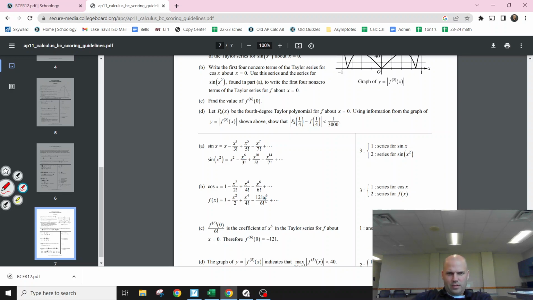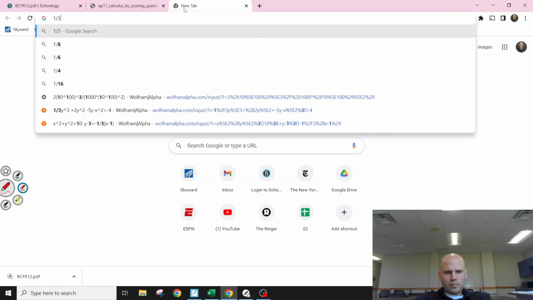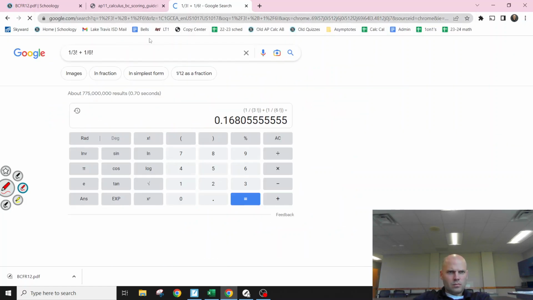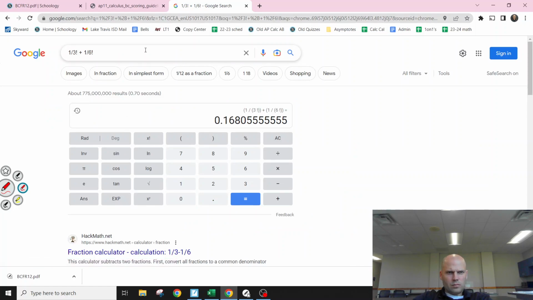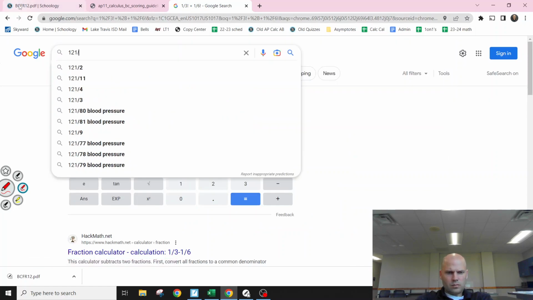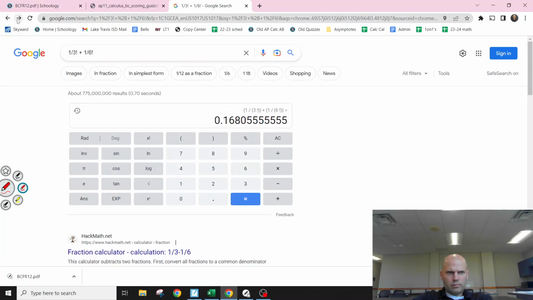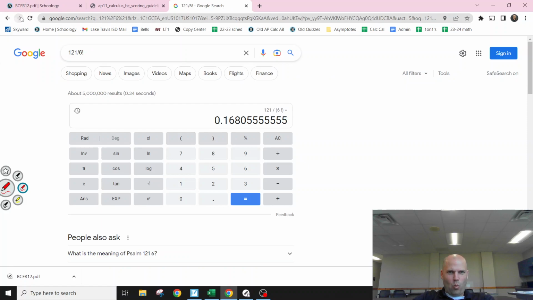I gotta ask half this. Look at that. 1 over 3 factorial plus 1 over 6 factorial is the same as 121 over 6 factorial. What? Oh, I think I know.